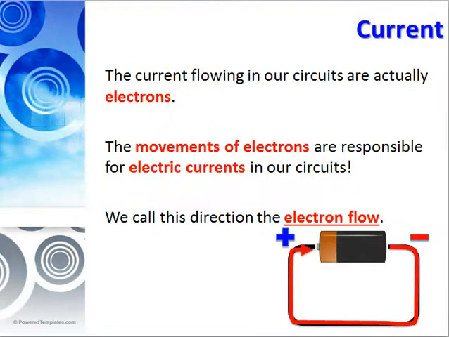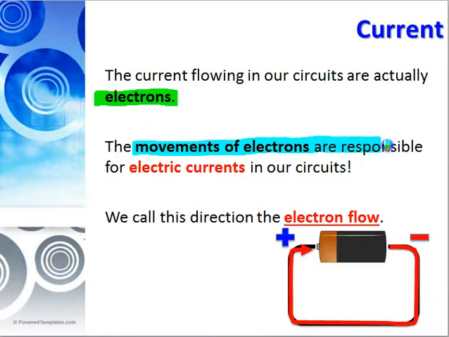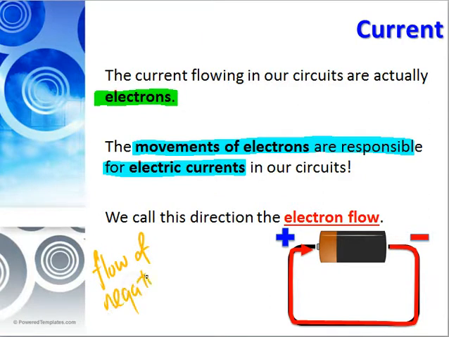So we know that the current flowing in our circuits is actually electrons, and the movement of electrons is responsible for current. We defined current just now as a flow of positive charges, but that's actually wrong. It's supposed to be the flow of negative charges.